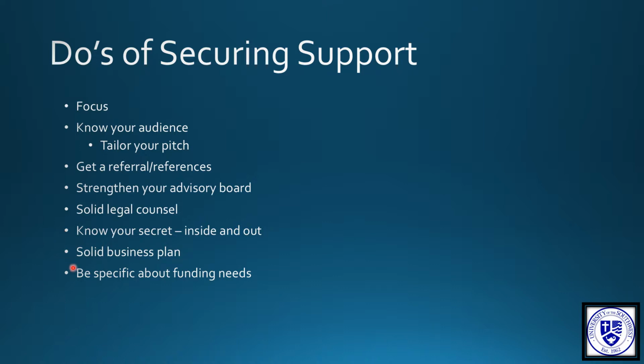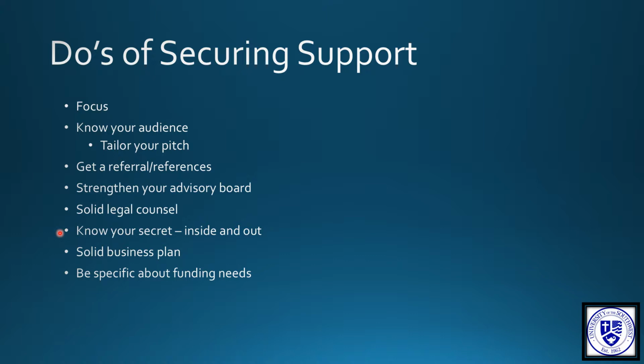These last three are some of the most important. We really need to know the secret to the innovation that we're trying to pursue. We've done the work. If you think back to the diagram of the innovation strategy, we've already searched out opportunities. And so in the process of selecting and securing support to implement this innovation, we've got to know the secret.